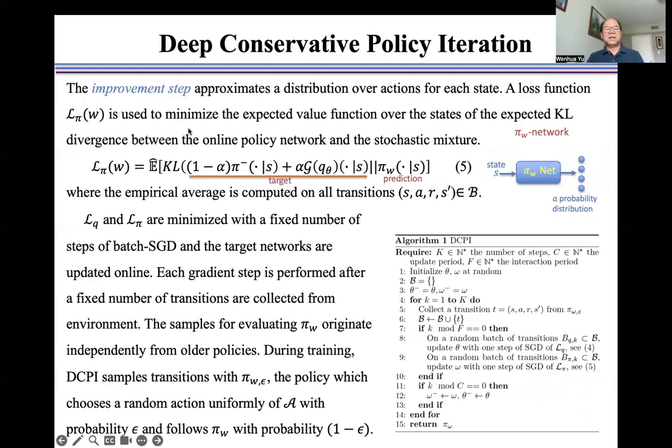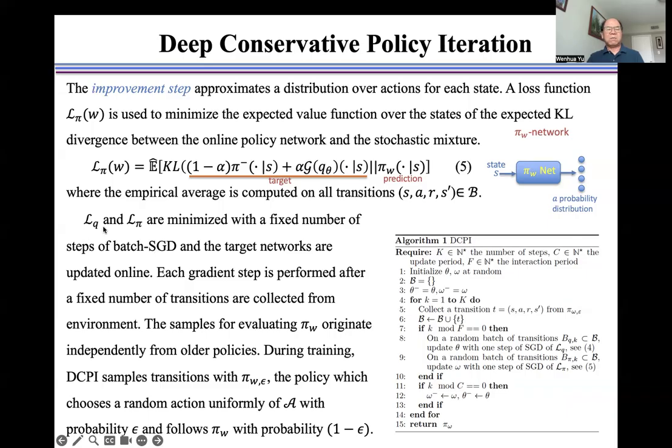The improvement step approximates a distribution over actions for each state. A loss function, error pi, is used to minimize the expected value over the states of the KL divergence between the online policy network and the stochastic mixture, as shown here. This target and this prediction are shown in this figure.